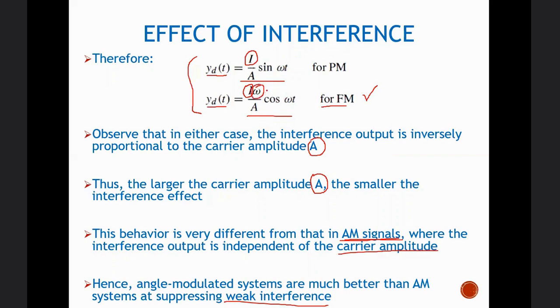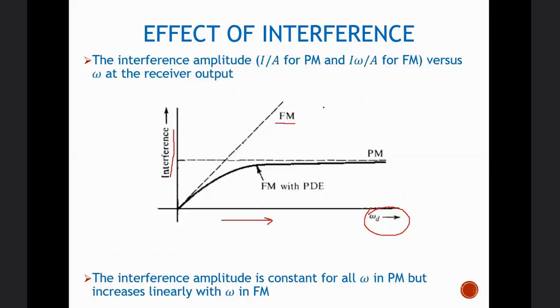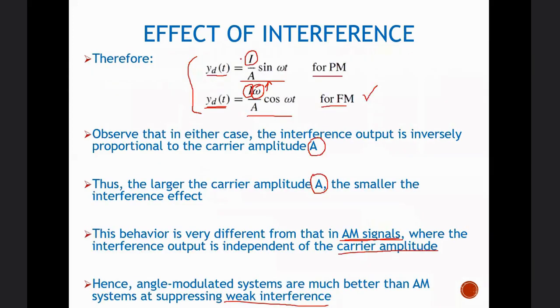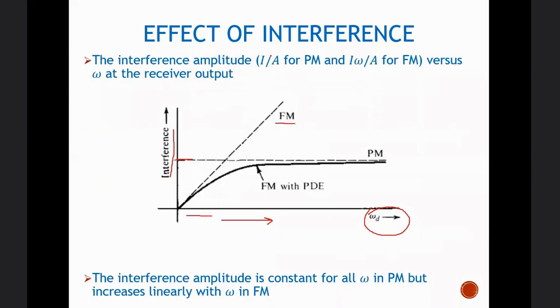So as ω is increased, the interference y(t) increases. For PM, we can see that for all values of ω, the interference amplitude remains constant, because if we look at this expression, the amplitude is independent of the frequency. So these are the two responses, FM and PM, the interference amplitude with respect to ω.